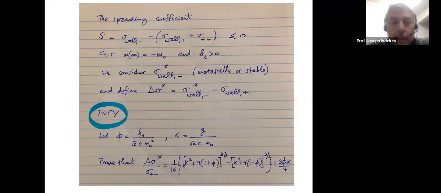Okay. So we can define this difference delta sigma star as sigma wall minus star minus sigma wall plus. Now the sigma wall plus is always at least a metastable state, because the wall prefers the plus phase, so there is no frustration or conflict. So this will always be an equilibrium state. If we impose the plus phase in bulk, the wall plus surface free energy will always correspond to a stable state.